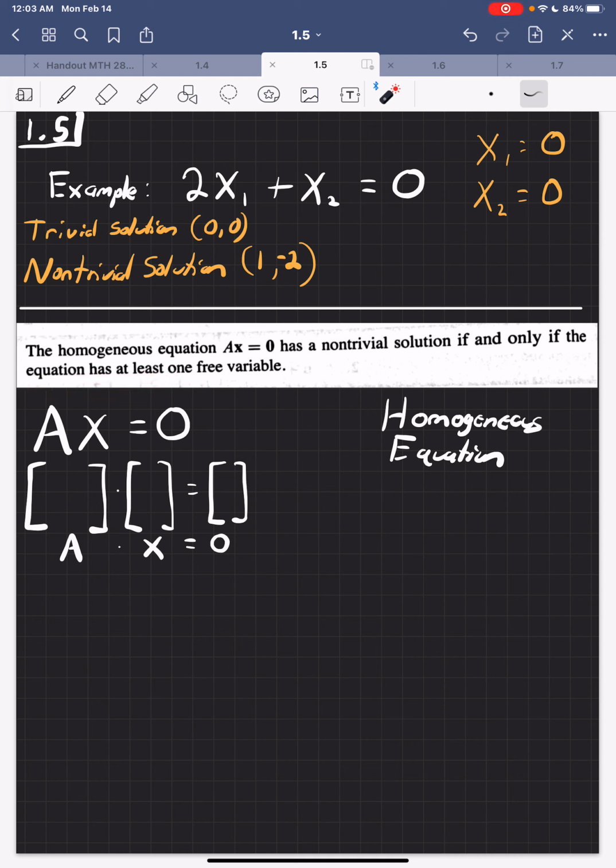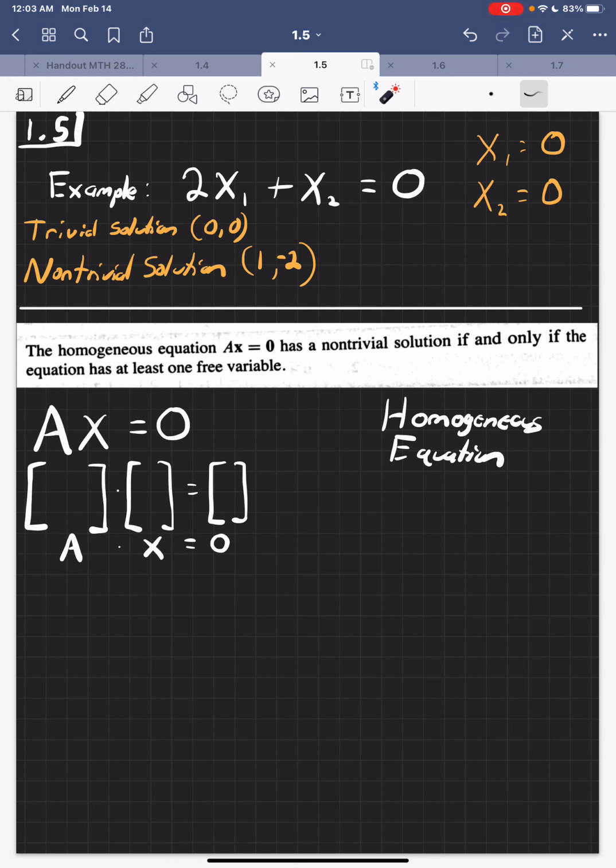Now think about it for a second. A free variable indicates multiple solutions, doesn't it? Right? It indicates infinite solutions. Whereas if you have no free variables in a consistent matrix, then you would expect to find only one solution, a unique solution.